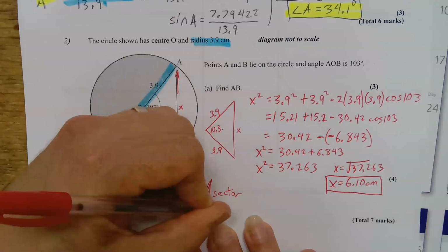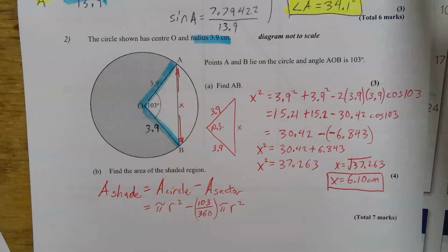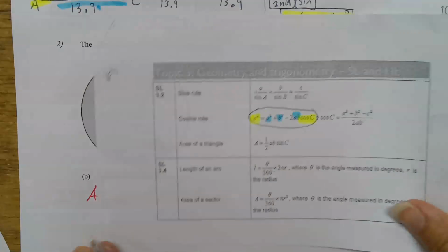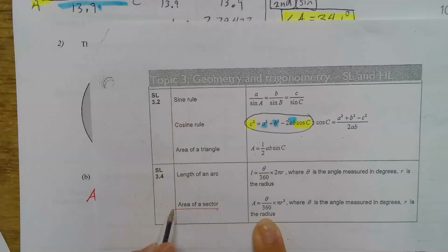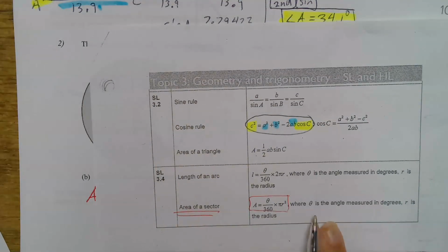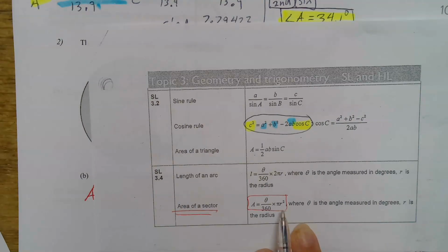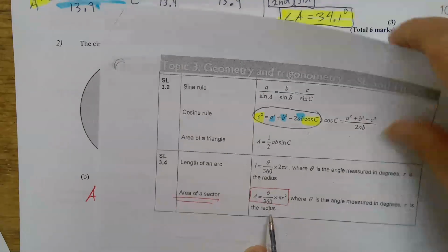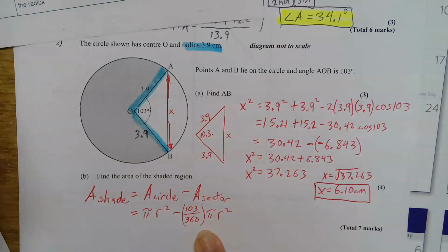times pi r squared. So I didn't memorize this formula. We just know the area of a sector is right here, where theta is the measurement of the degrees we've got, r is the radius, and the degrees over 360 gives us our fraction of the circle. So we've got this fraction of the circle here.